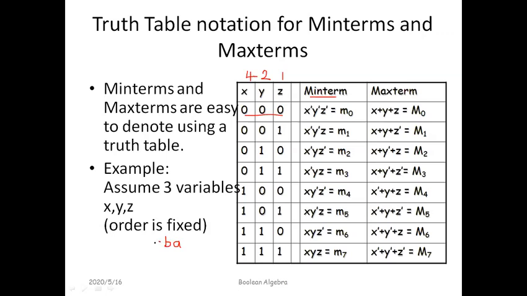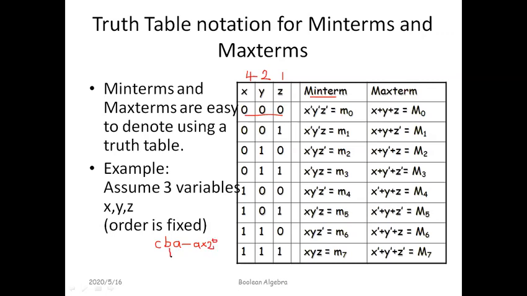To convert these bits into a decimal number, we say A multiplied by 2 raised to the power 0.